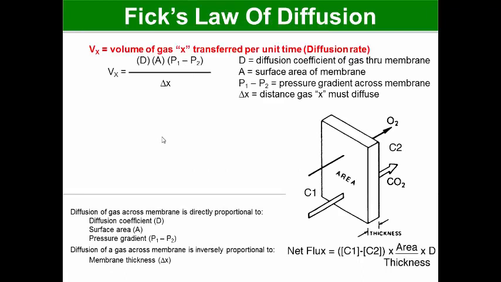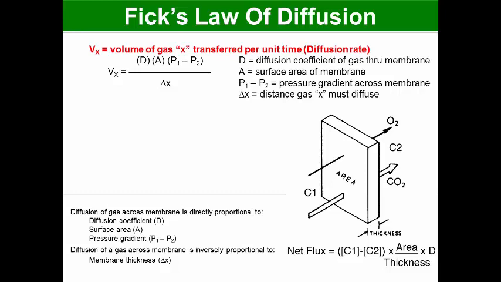This Fick's law of diffusion states that the volume of gas X, it could be oxygen, it could be carbon dioxide, transferred per unit time, we call this the diffusion rate, is directly proportional to the pressure gradient. So the higher the pressure gradient, the larger is the diffusion rate.